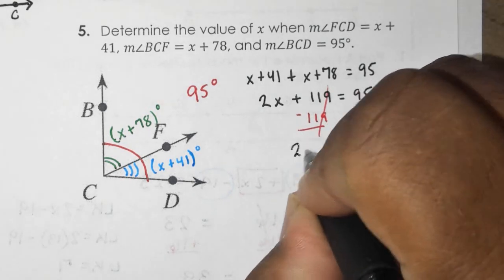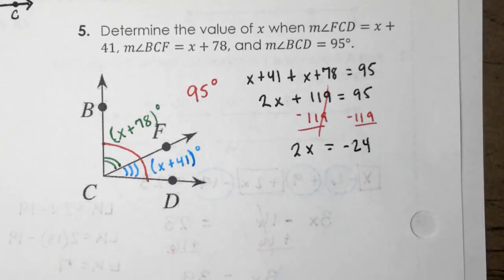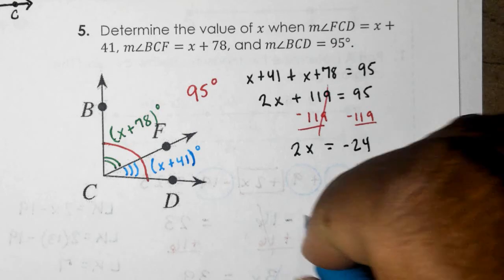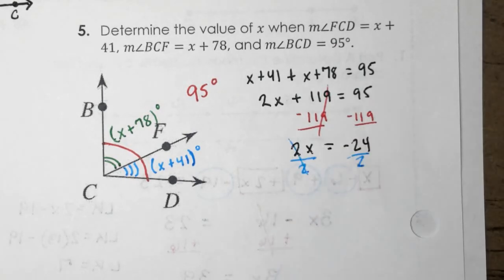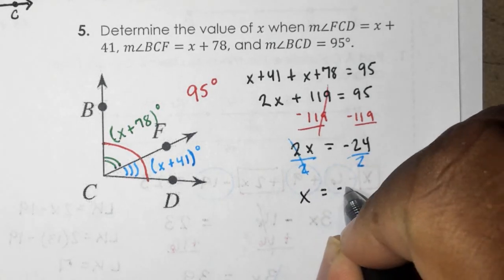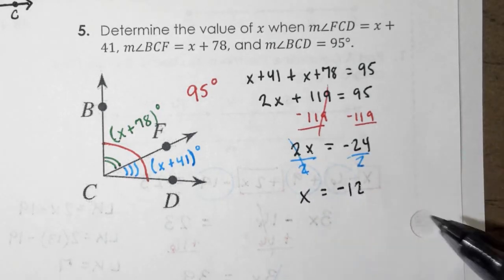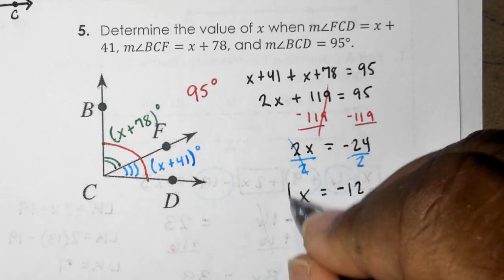So bring down 2x equals negative 24. And then the last thing I need to do, divide by 2, divide by 2. x equals negative 12. Now, key here, on this one they only ask us to find the value of x.